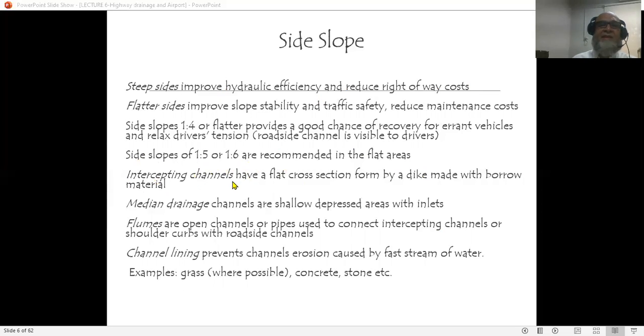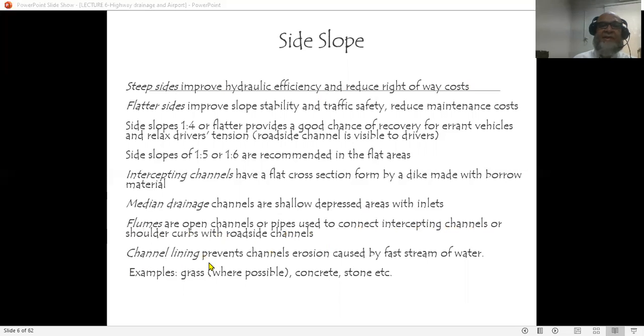Intercepting channels have flat cross sections formed from a dike made with the borrow material. Hidden drainage channels are also shallow depressed areas within the inlets. Flumes are open channels or pipes used to connect intercepting channels or shoulder curbs with roadside channels.